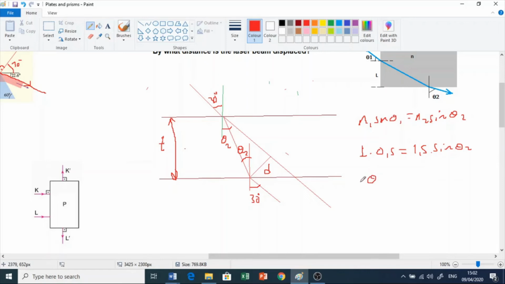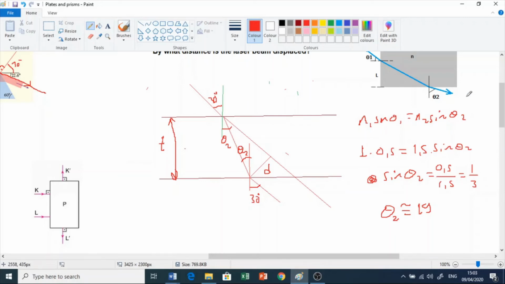From here, sine theta 2 equals 0.5 divided by 1.5, which is 1 over 3. Then we can look at which angle has this sine. If you look at some sources, you can see that it is approximately 19 degrees. Here we have 19 degrees. So let's calculate the amount of deflection.